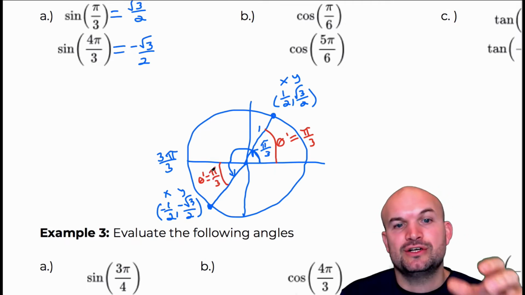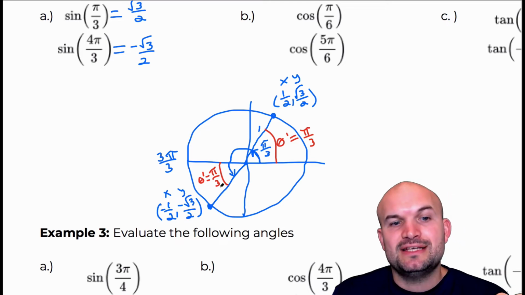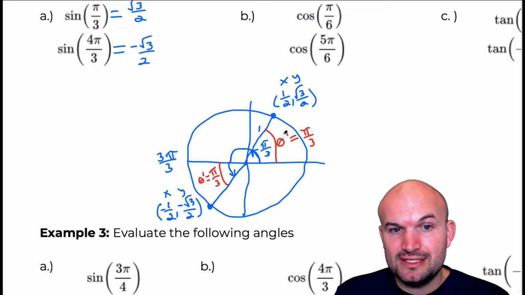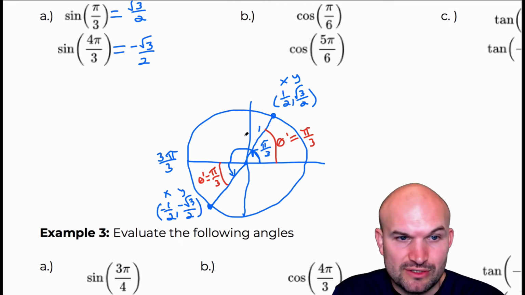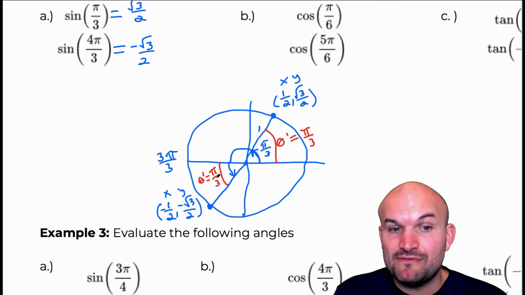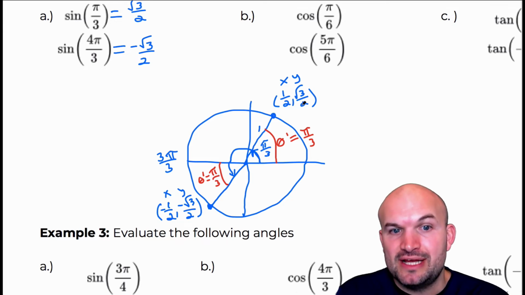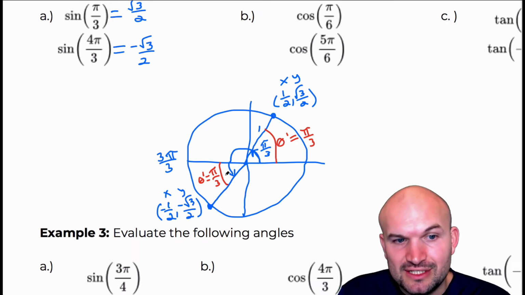And what I want you to understand is that when you have an angle with a given reference angle, the value is going to be the same as it is in the first quadrant. Like for instance, this angle 4 pi over 3 has a reference angle of pi over 3. Notice it's the exact same value of the reference angle, right? Because the reference angle is of that angle in the first quadrant. These are exactly the same.